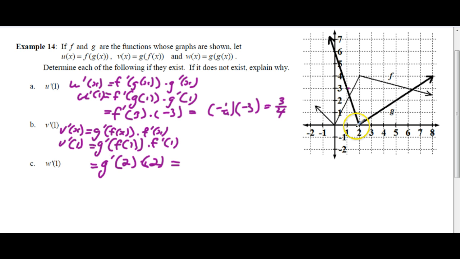Now, you notice here, this does not exist. g prime of 2 is a kink. So this does not exist, and therefore v prime of 1 does not exist, since g prime of 2 is the slope of this line, and we have a kink here, or V shape, so that does not exist.